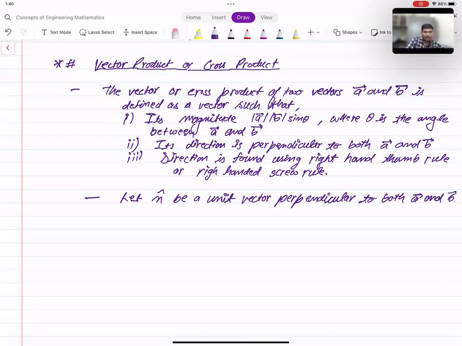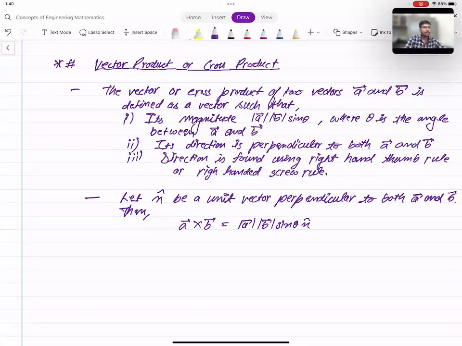Okay. Then the cross product can be mathematically written as vector A cross vector B is equal to magnitude of vector A, magnitude of vector B into sine theta into n cap. Okay. So now we have everything. We have the magnitude, we have the direction.